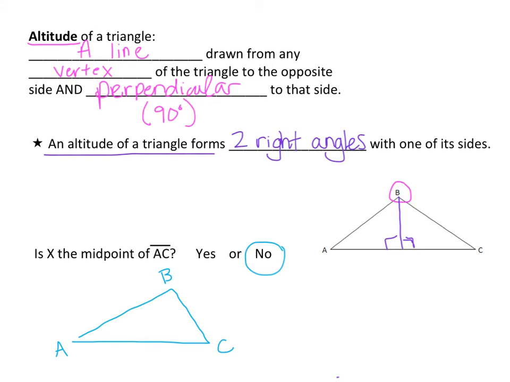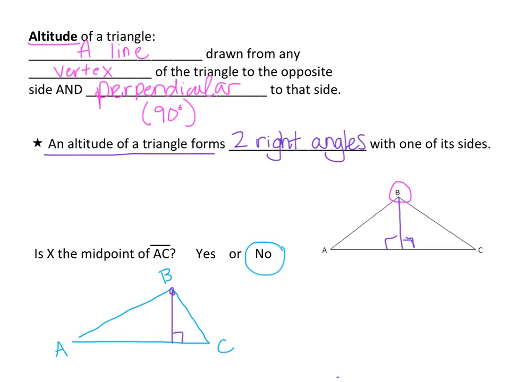So I just drew in a new triangle over here. This is an example that kind of makes our answer to this question a little bit more clear. Here's another triangle ABC. If we were to draw the altitude from vertex B, we would start here and you'd have to draw the altitude so that it formed a 90-degree angle with the opposite side. And so I think it's pretty clear here. You can see that this is not the midpoint.